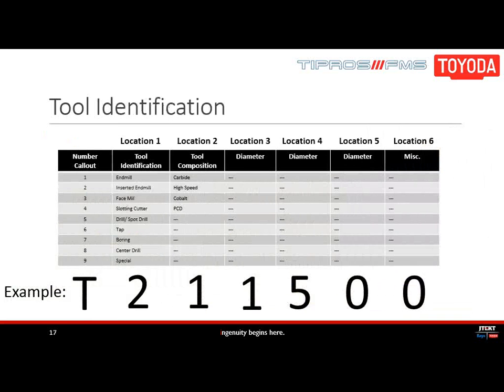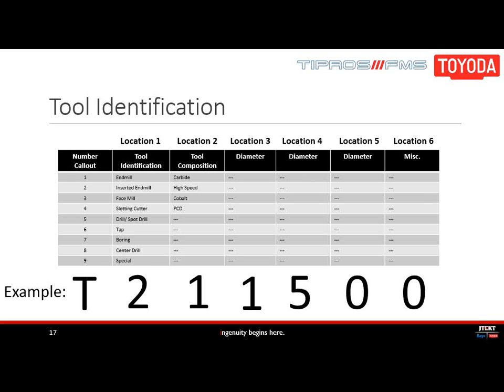So on this screen, we actually have an example of a customer's tool naming chart. The T callout on the left is constant and will not change. Location 1 there, where it says tool identification, will indicate the type of tool to be used. So for example, we have face mill, tap, center drill, and so on.